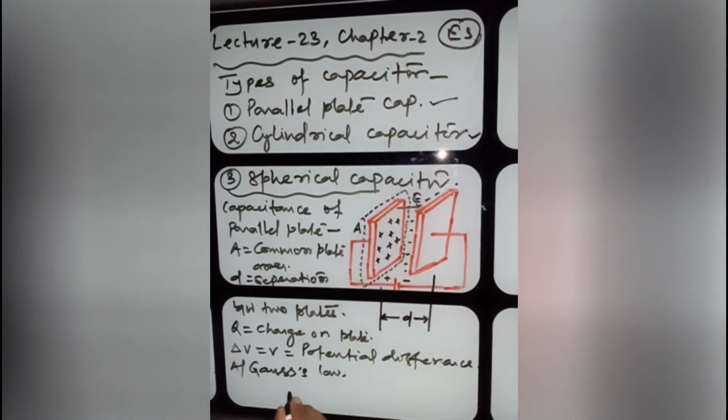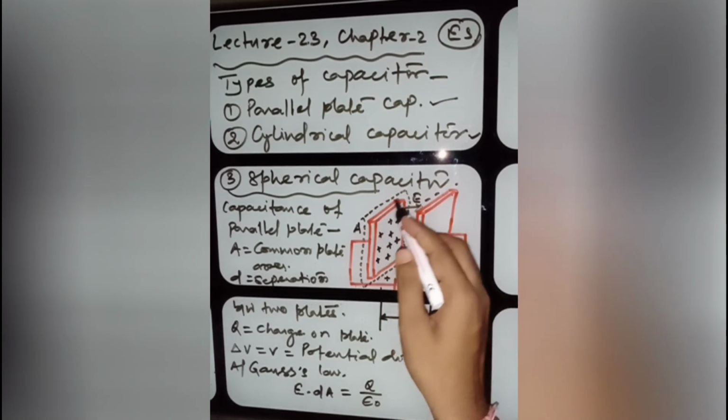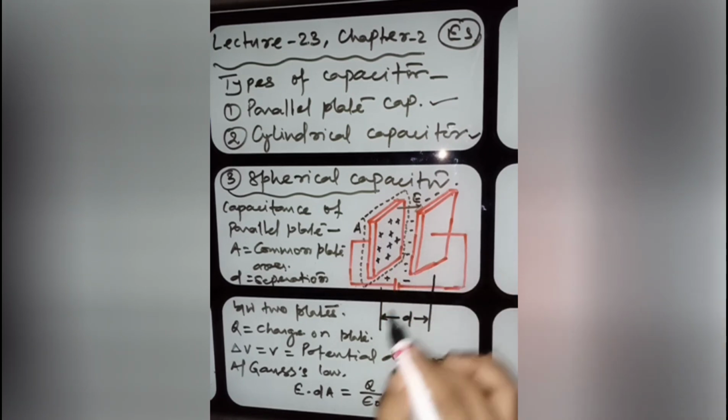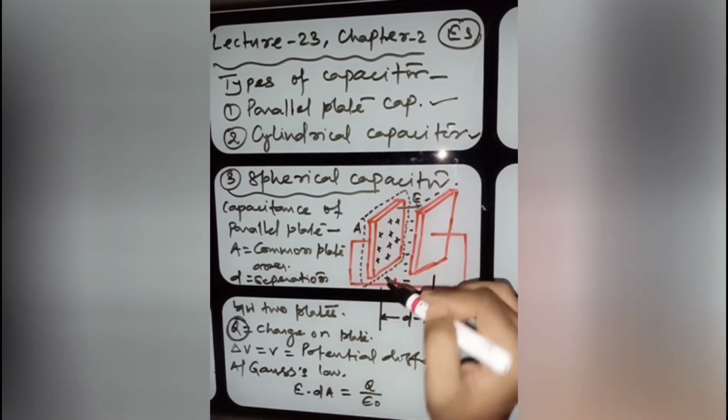Now I'm applying the integral of E dot dA, the electric field and area, which is equal to Q enclosed by epsilon naught. What is the Q enclosed actually, my dear students? The Q enclosed is nothing but the charge enclosed by this Gaussian surface. How much is the enclosed charge? The total charge Q that we have taken here will be enclosed by this Gaussian surface.